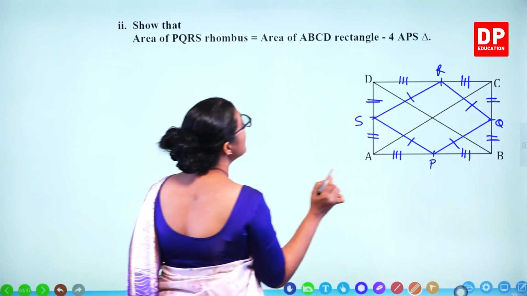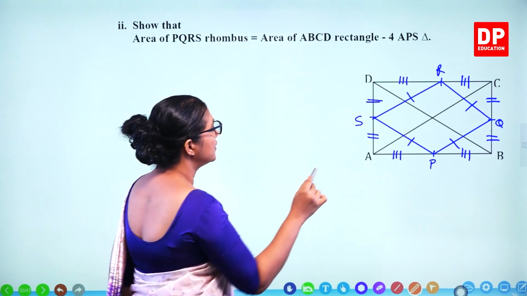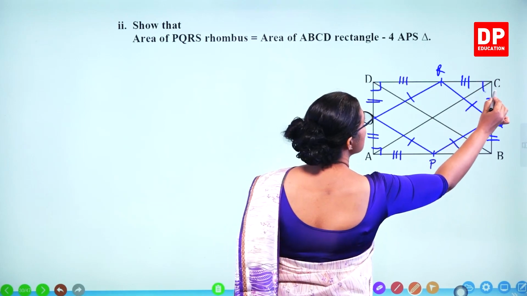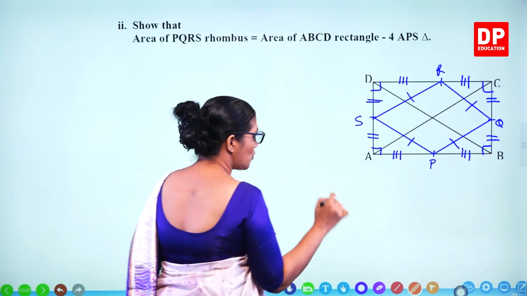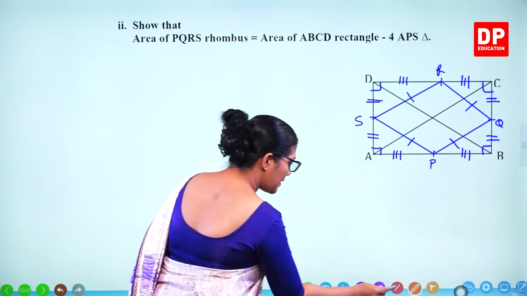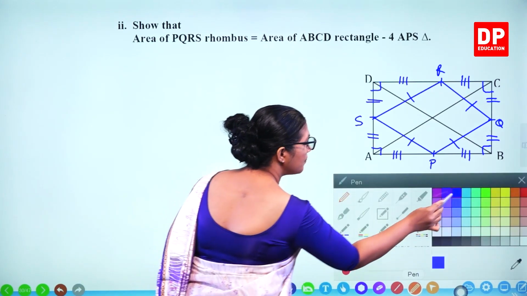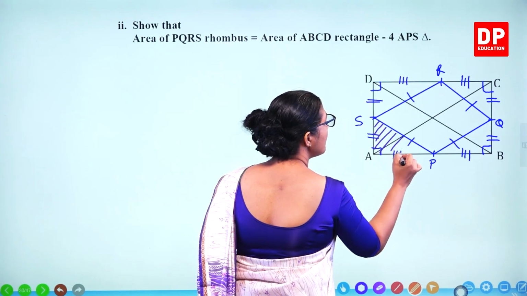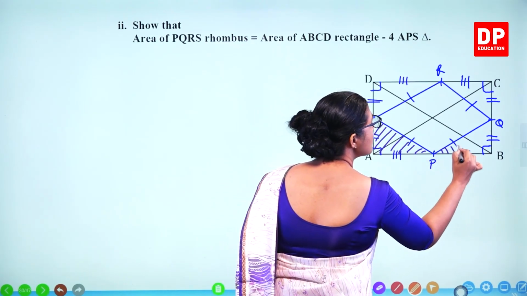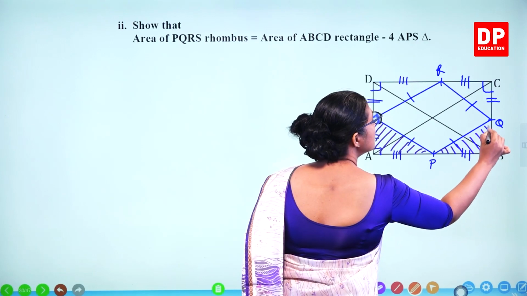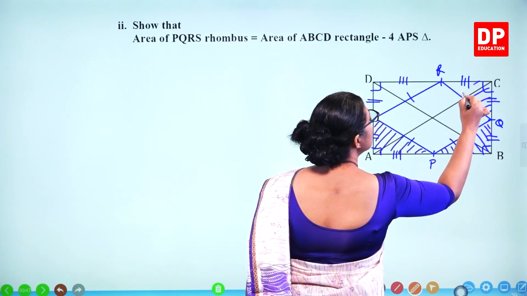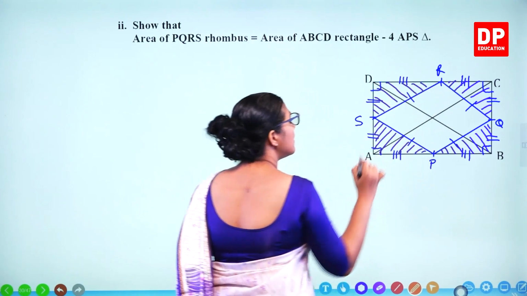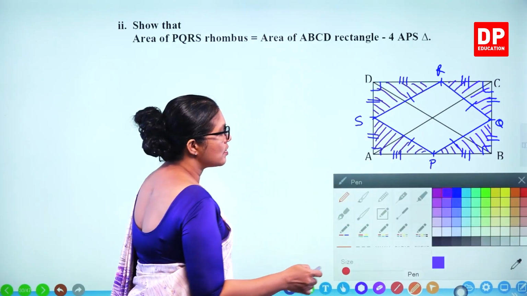Now look at APS triangle. So this is 90, this is 90, this is 90, this is 90. So when you take all these lengths, think about APS triangle, this one and this triangle, this triangle and this triangle, all are equal. Congruent triangles. Why?